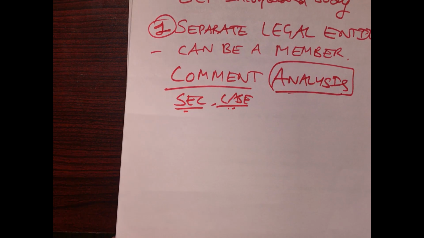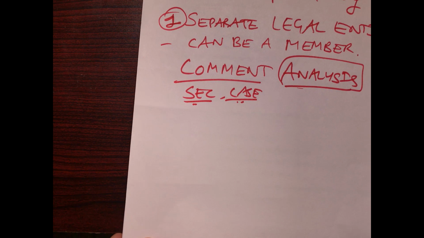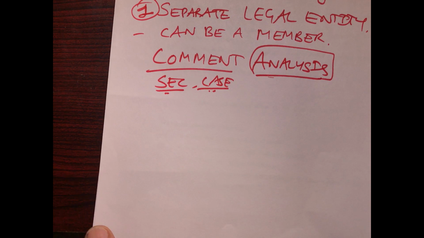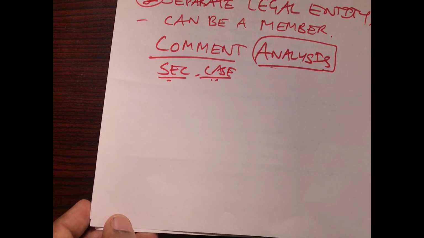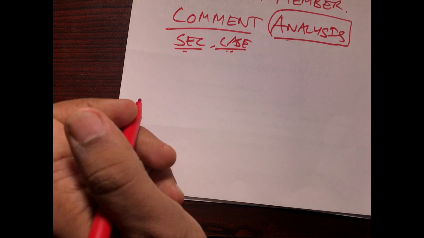So here, when we say analysis, we have already done the basic part of the answer, that is yes, LLP can become a member. The concept of sui juris we have written. The concept of a separate legal entity we have written. Now we have to write something more, because it is 5 marks. You should be able to score at least 4 marks. For that, you can give some example.